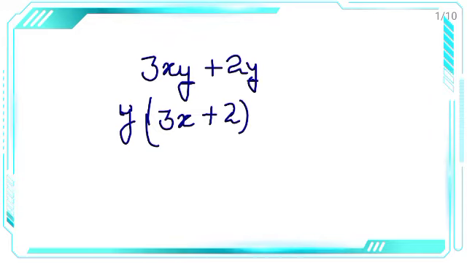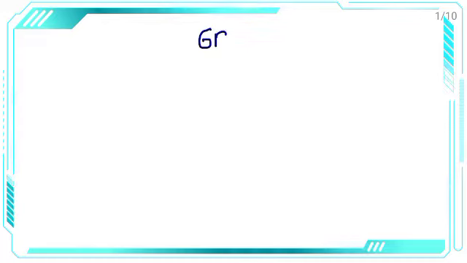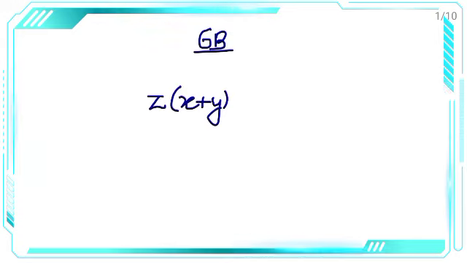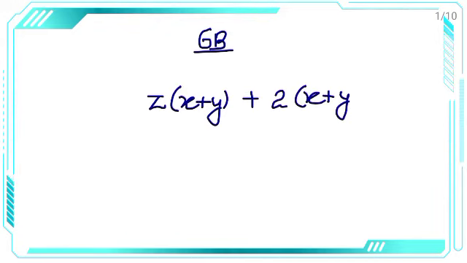Now in this class we are starting exercise 6B. In exercise 6B you will learn how to factorize a polynomial if we have a common binomial factor. For example, if we have z into x plus y plus 2 into x plus y. Here this factor is a binomial because we have two terms in it.